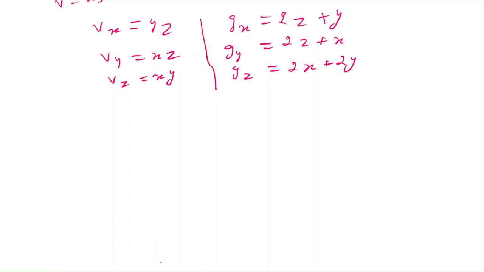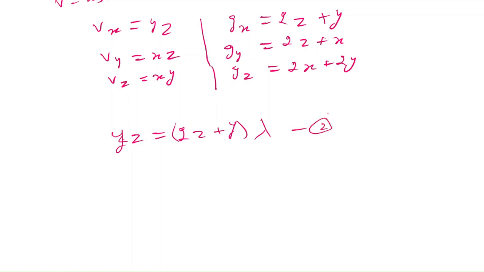So yz is equal to 2z plus y into lambda. This is from vx equal to some lambda into gx. From that we write. Lambda, that would be number 2.